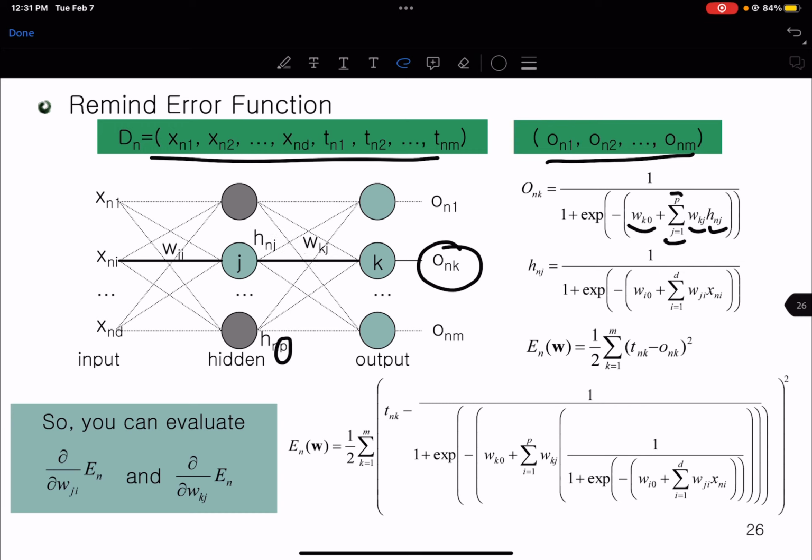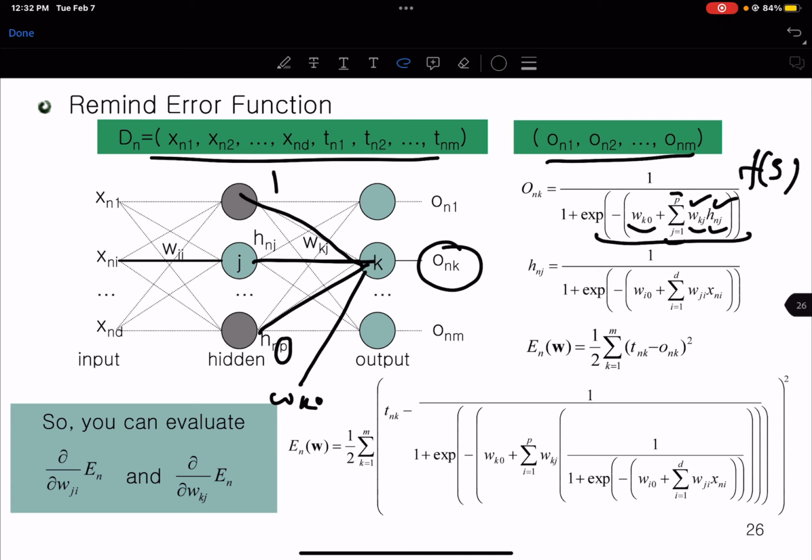So for calculating this o n k, all these 1 to p hidden nodes are multiplied by their weight values plus one additional value that will come from here, w k 0, and then we take the exponent using the f function that we defined earlier.